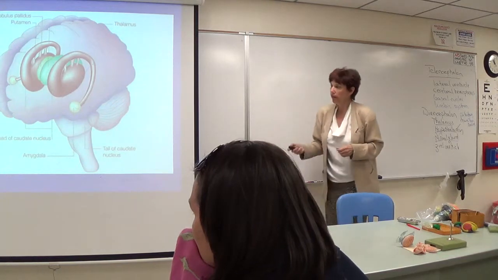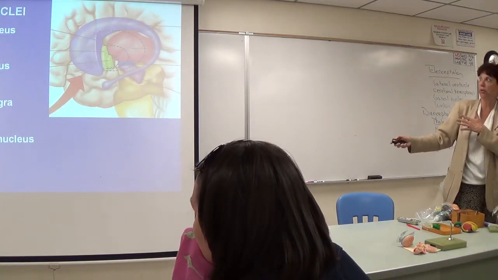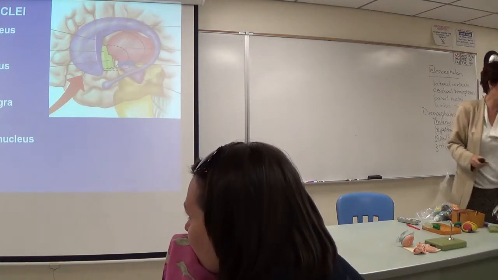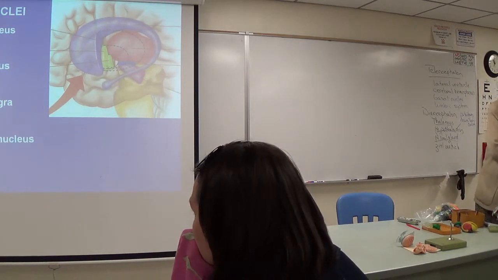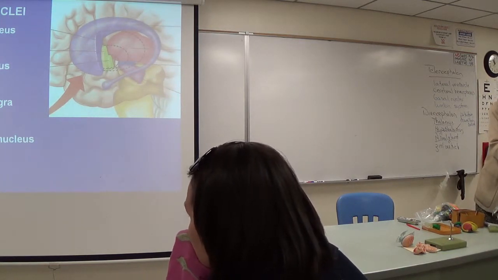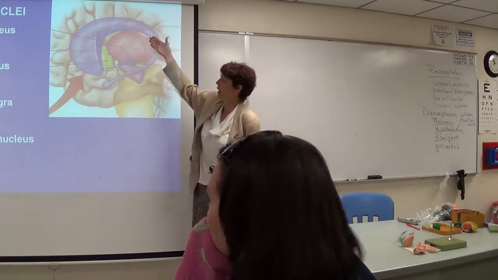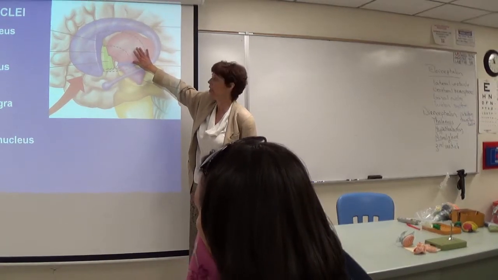So as we look at this structure, I'll show you over here with it labeled. Okay, I just wanted one a bit close up. So if we look at the structures that form the basal nuclei, we're on page 72. As we move from center out, we have the thalamus here, all right?